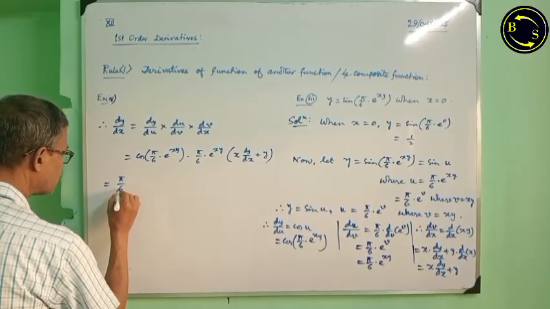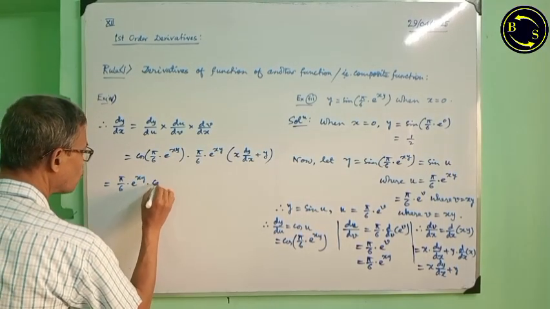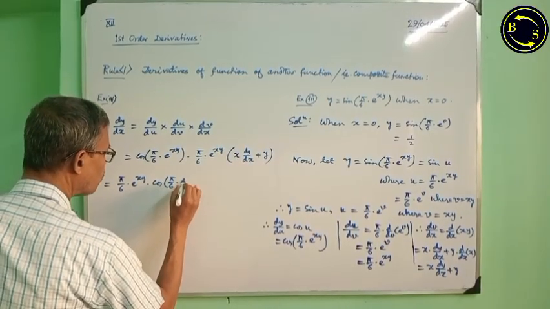That is pi by 6 into e to the power xy into cos of pi by 6 into e to the power xy.